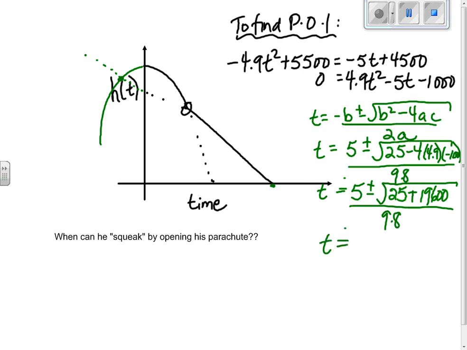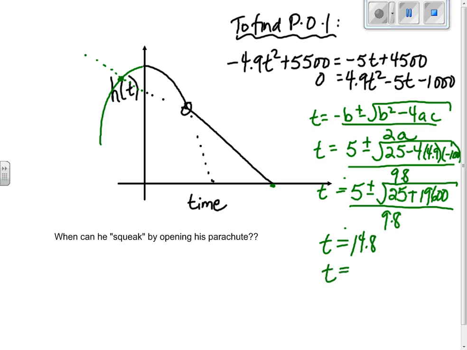My t-values are approximately, and I'm doing 5 plus the square root of 19,625 divided by 9.8 as one of my possible t-values, which is 14.8.